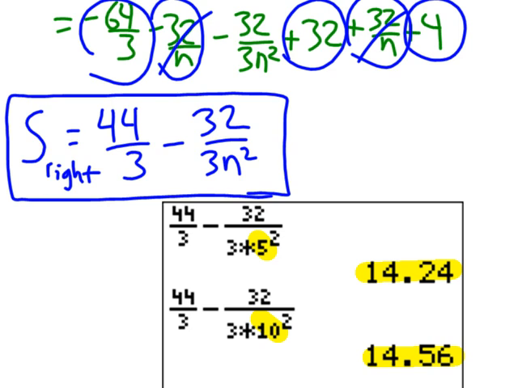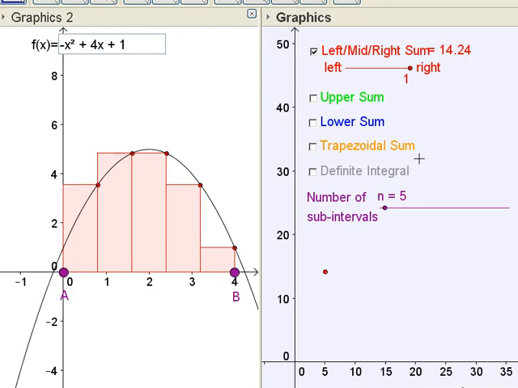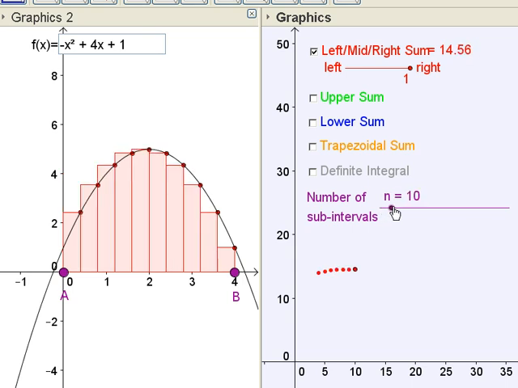If I bring back my GeoGebra model here, for n equals 5, you look in the upper right-hand corner of your screen, and you see that the right sum is indeed 14.24. If I scroll this out to n equals 10, we see that the right sum is indeed 14.56. So we verified that we did everything correctly.